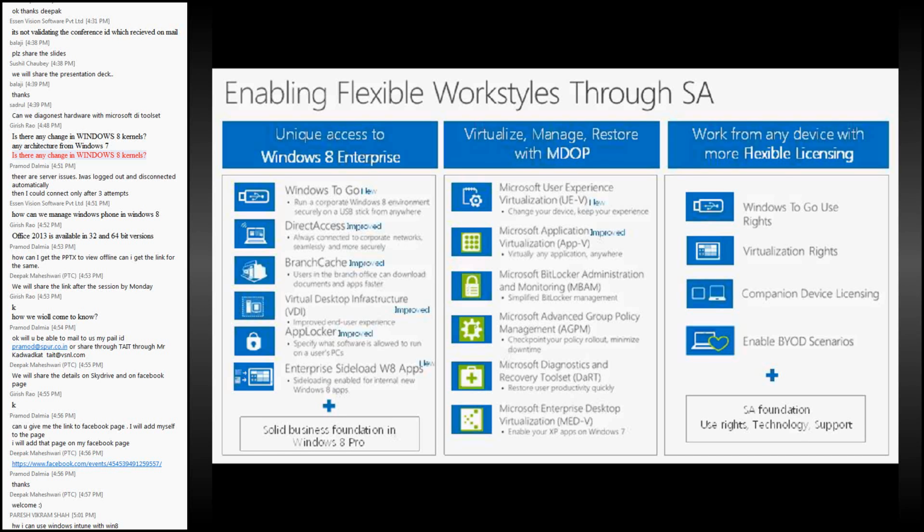Now, this will enable you to bring your own device, BYOD scenarios, right? Bring your own device and provide business more flexibility to run Windows across multiple devices for employees.